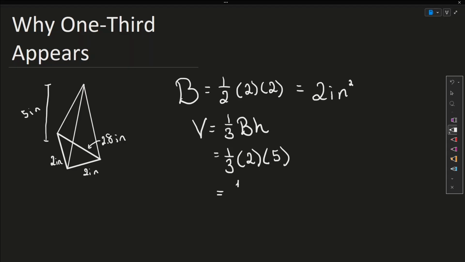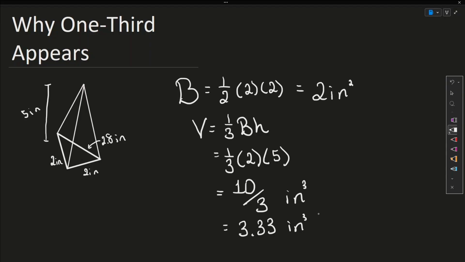So when we work this out, we get 10/3 cubic inches, or approximately 3.33 cubic inches. So the volume of the triangular pyramid is 10/3 cubic inches, or about 3.33 cubic inches.